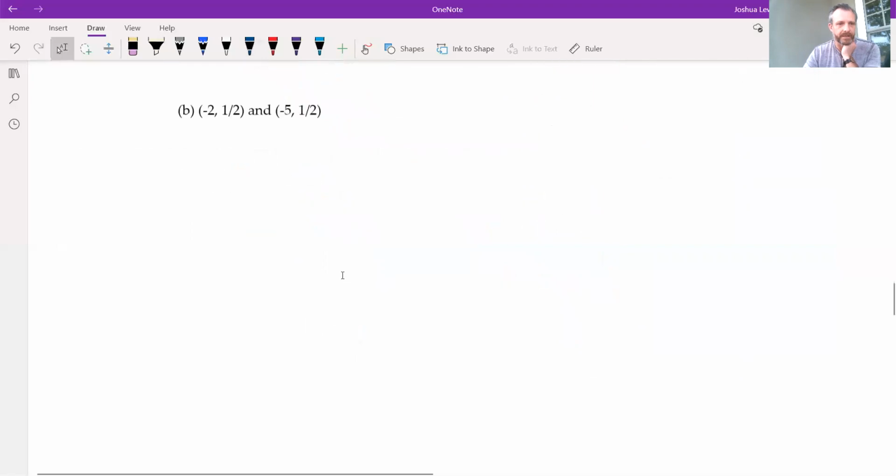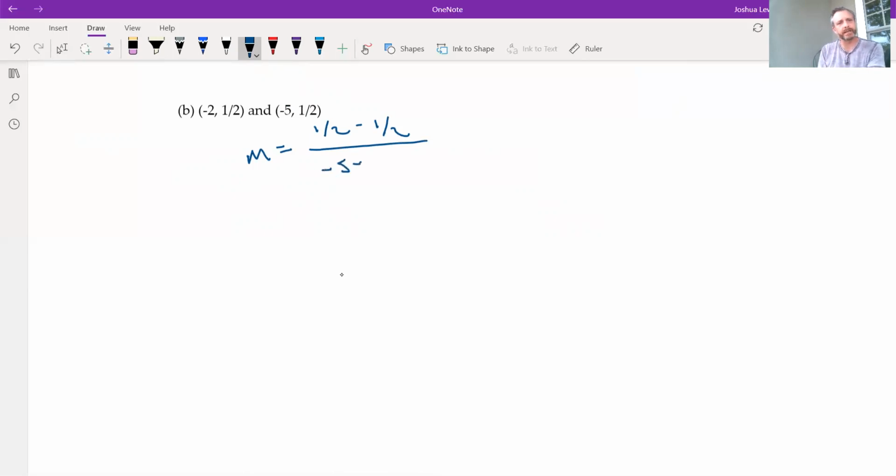All right. How about this one? Well, how about 1/2 minus 1/2 over, and who cares if they're fractions, right? We're still subtracting. -5 minus -2.